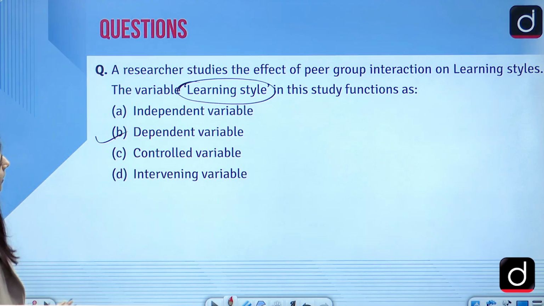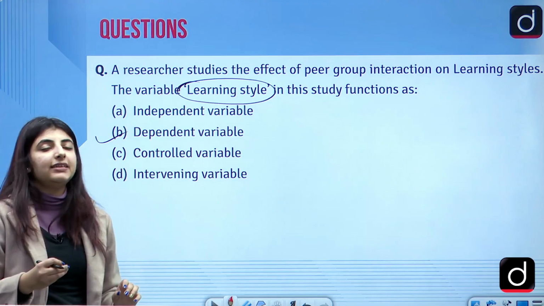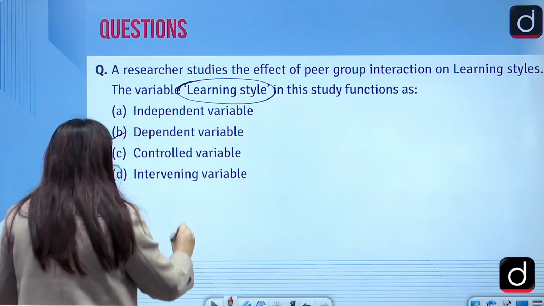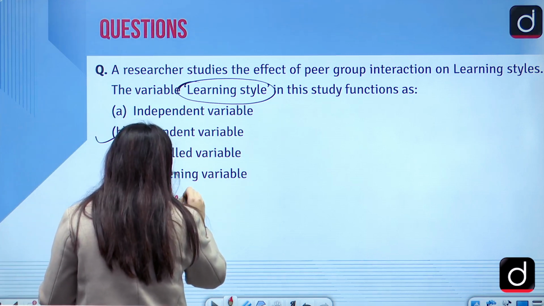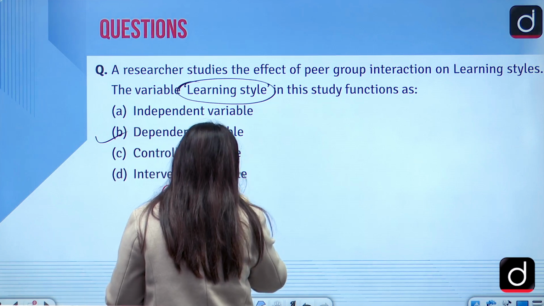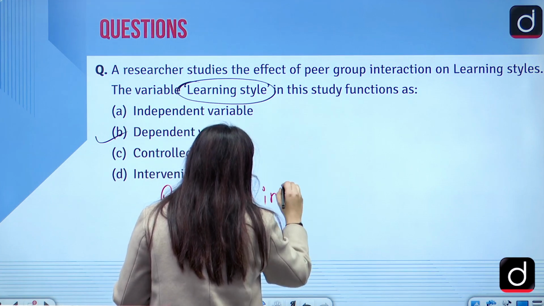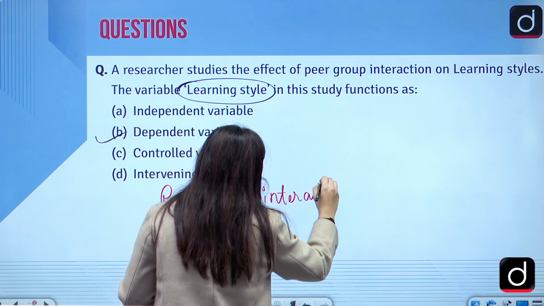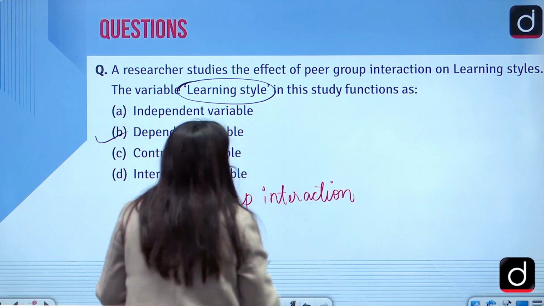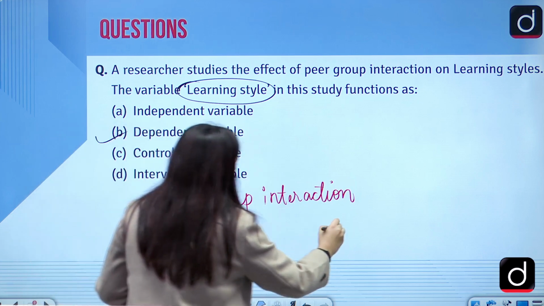So if you look at the question here, a researcher studies the effect of what? Peer group interaction on what? On learning styles.